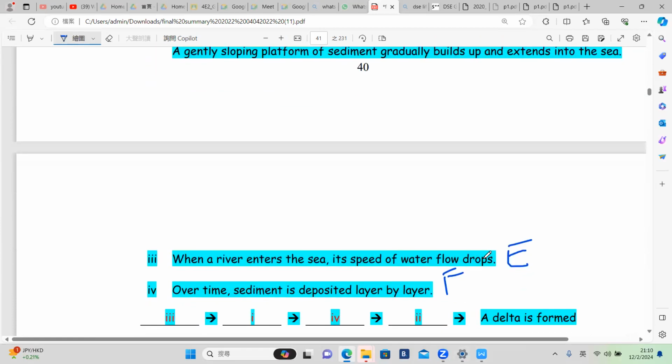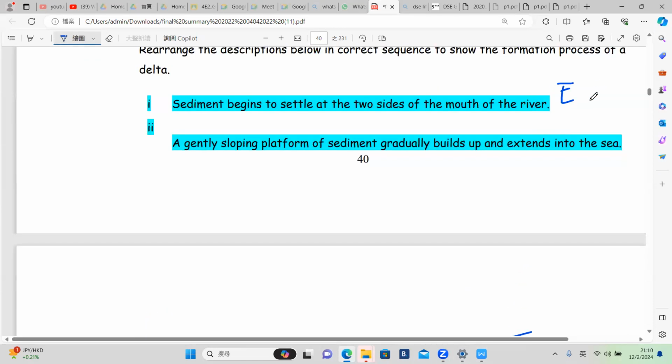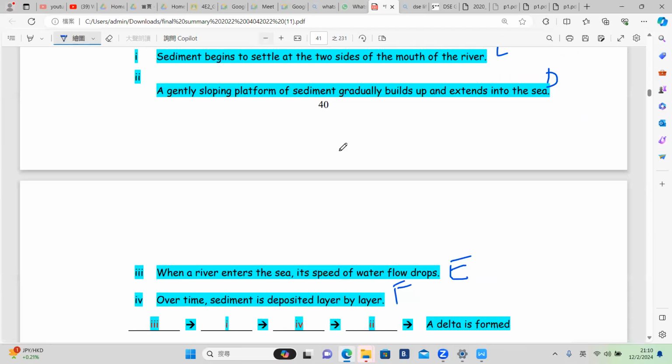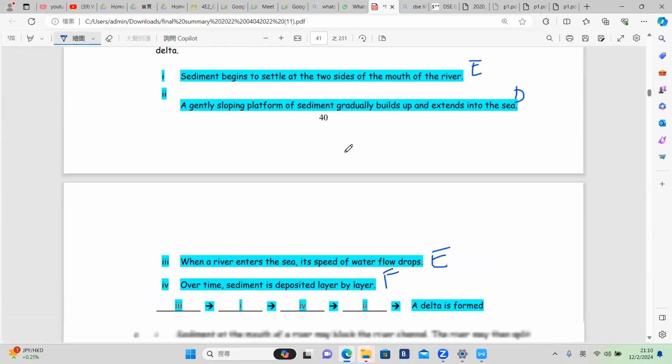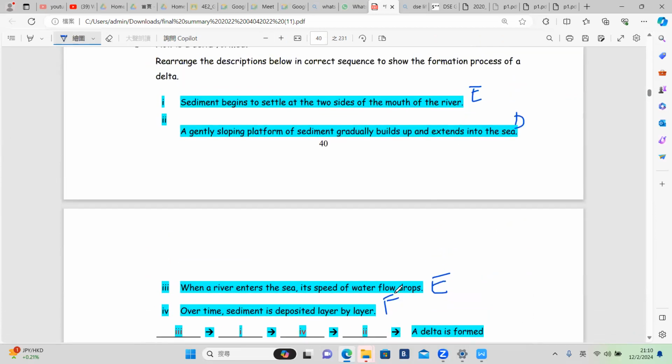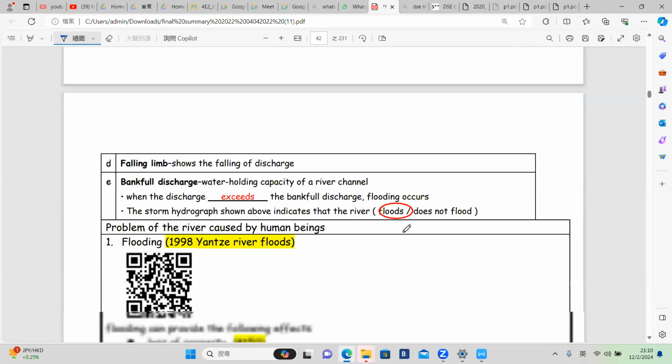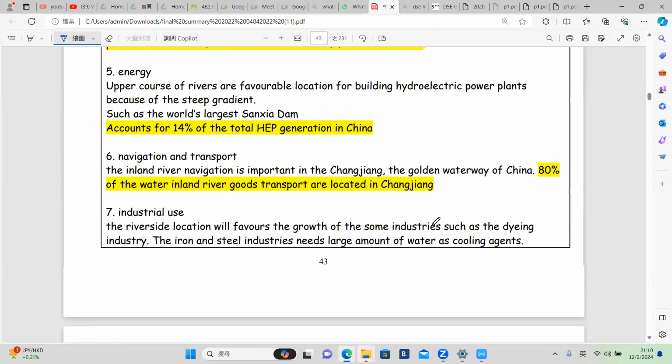This is F. And then the gentle slope generally builds up and extends to the sea, this is D, then a delta is formed. I think you just need to remember these 4. But do bear in mind the graphical presentation. Also for the delta, I think remembering these 4 is fine enough.